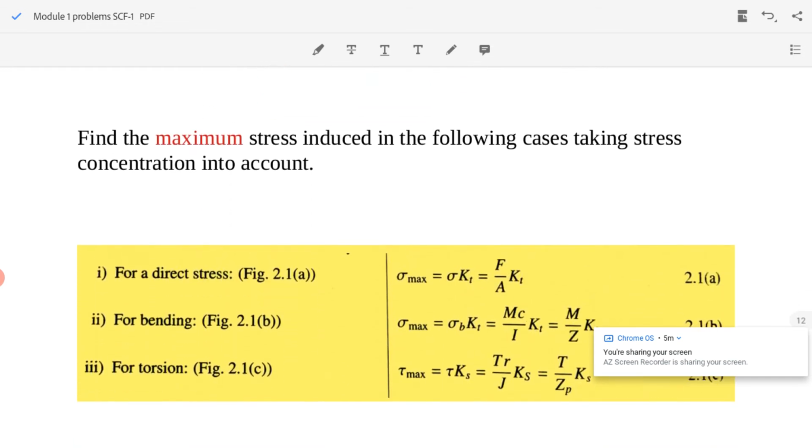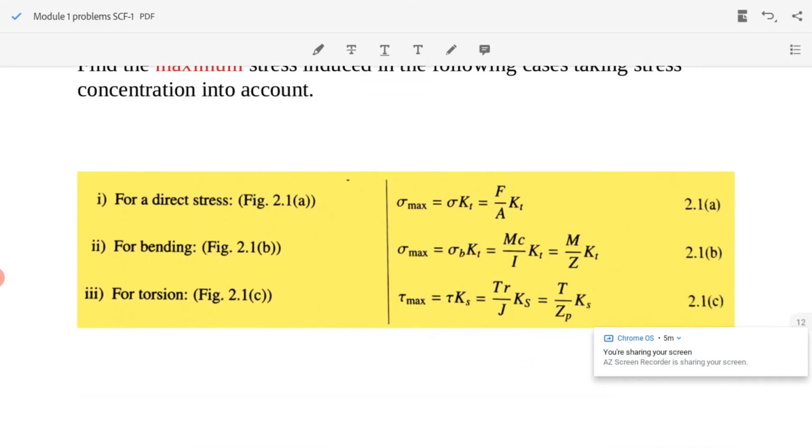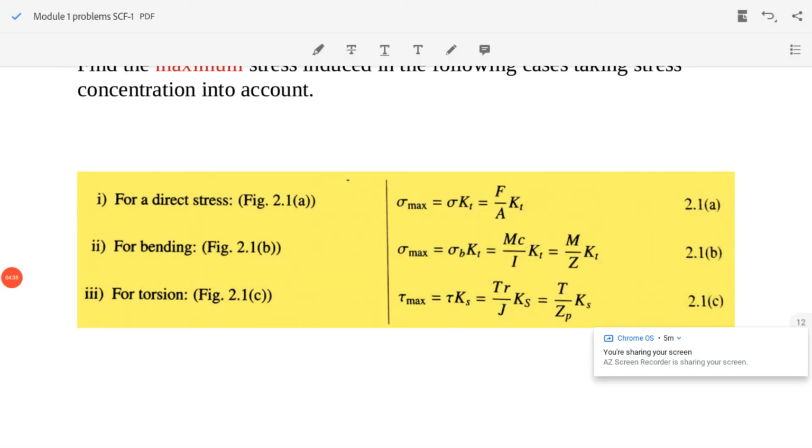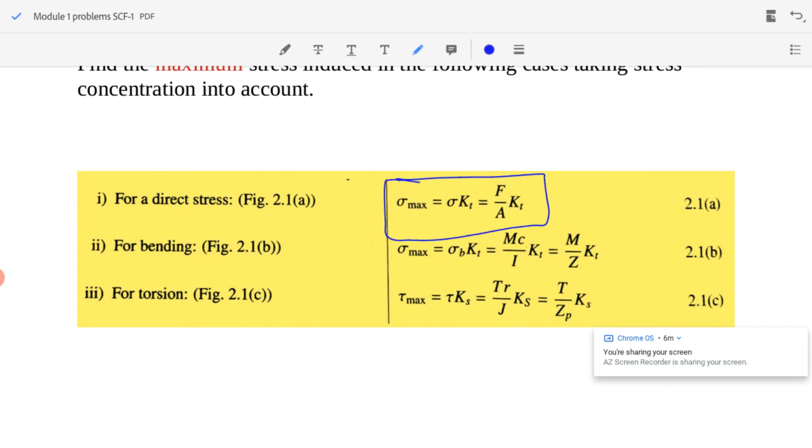So from our equations, we will select the one which is suitable for direct stress, sigma max equal to F by A into KT. Here F is the force acting, A is the area of cross section, and KT is the stress concentration factor.